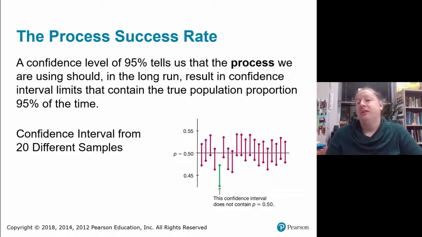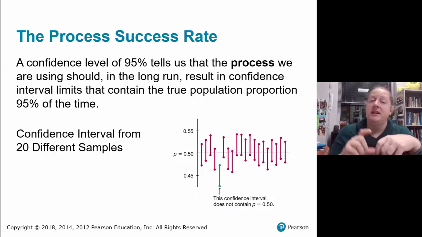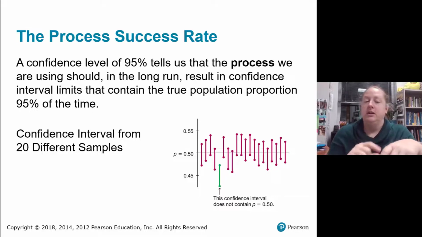A confidence level of 95% tells us that the process that we are using should result, in the long run, in confidence interval limits that contain the true population proportion 95% of the time. So if we go through this process that we haven't talked about yet, and we calculate what these 95% confidence intervals are, that's what's shown here as all of these red lines and the green line.